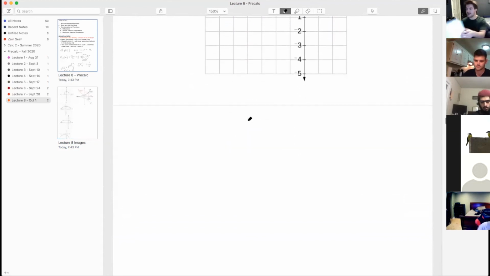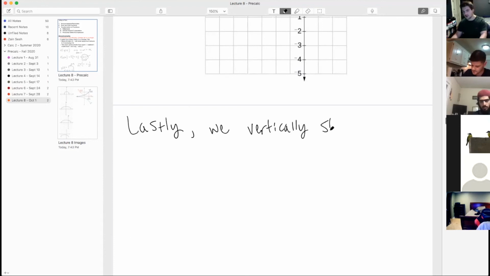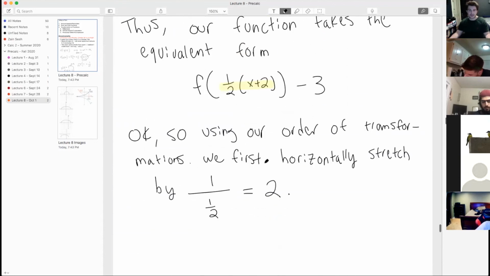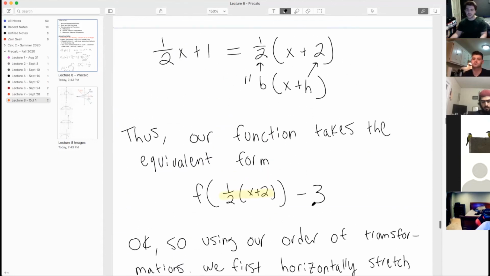Okay, and what's the last thing? The last thing on that list, on the correct order of transformations, we vertically shift down by 3 units. Where does that come into play? If you scroll up, there was a -3 on the outside of the function.